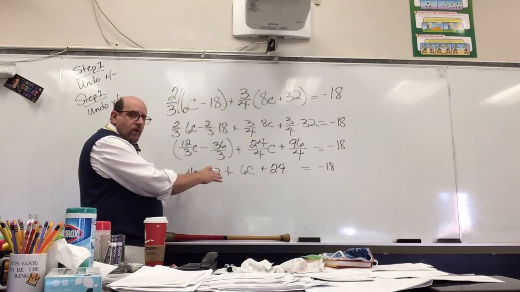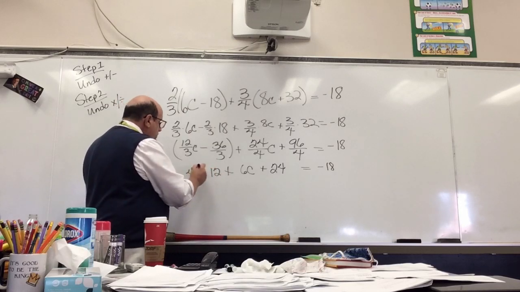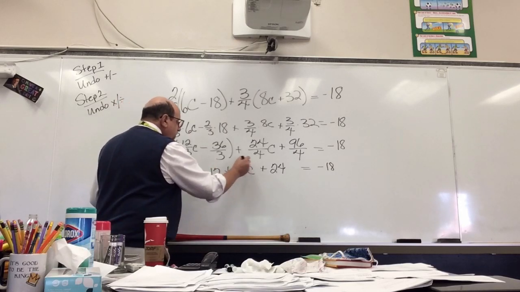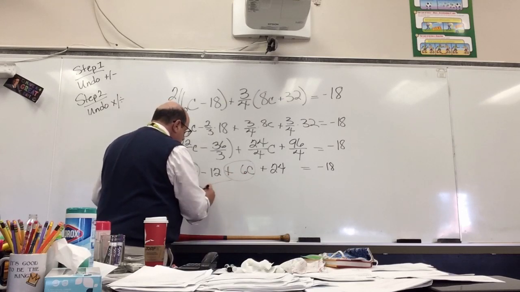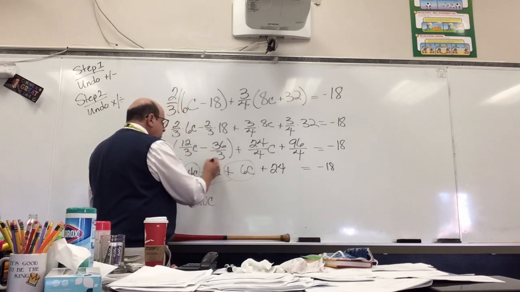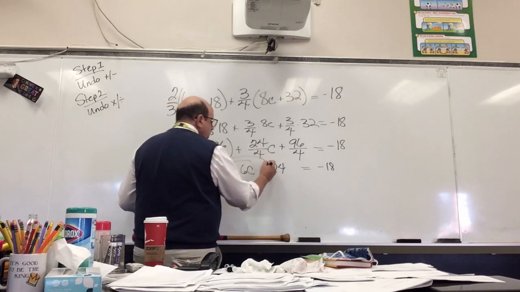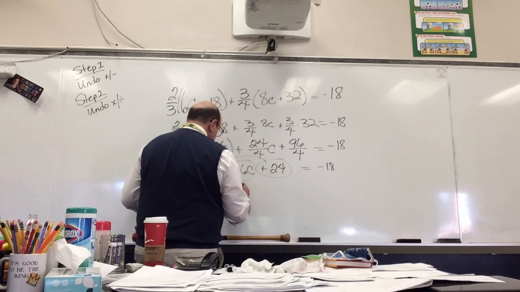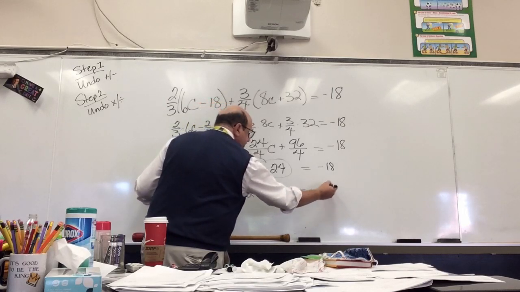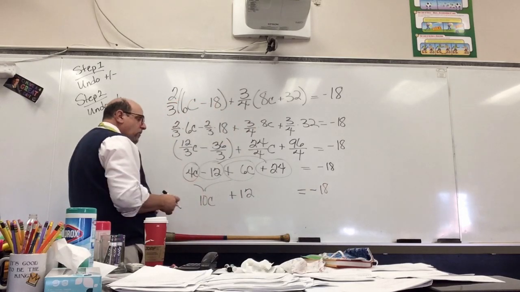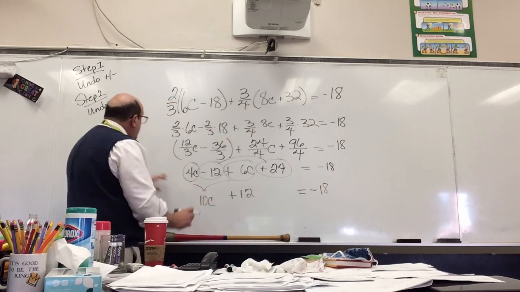And just like before, I want to combine my like terms. So I have 4c and 6c, which equal 10c. I have minus 12 and plus 24, which gives me 12, and that's going to equal negative 18. All right, so I'm almost there. Now I'm in my two-step equation mode.